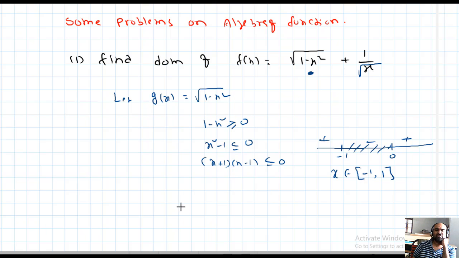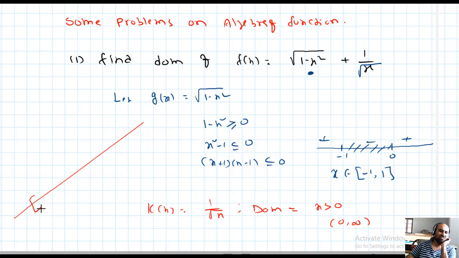Now the domain of the next function. Let it be k of x equal to 1 by root x. The domain is x greater than 0, that is, open 0 to infinity. Now we find the intersection of these two. The first is closed minus 1 to closed 1, the second is 0 to infinity, so the intersection is this part only.